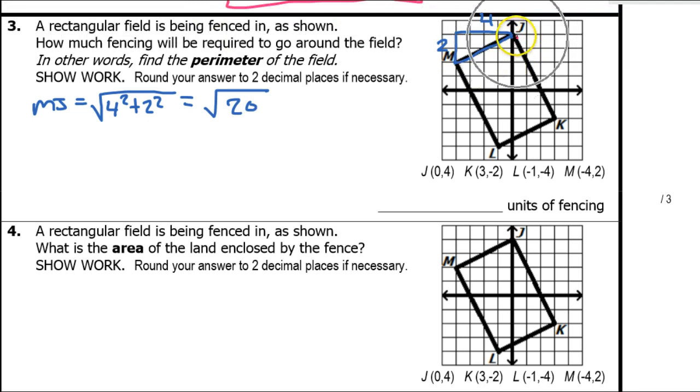All right, now let's go ahead and find the length of JK. Let's make a right triangle out of that. The horizontal length is 3, the vertical length is 6. So that means JK should be the square root of 3 squared plus 6 squared.